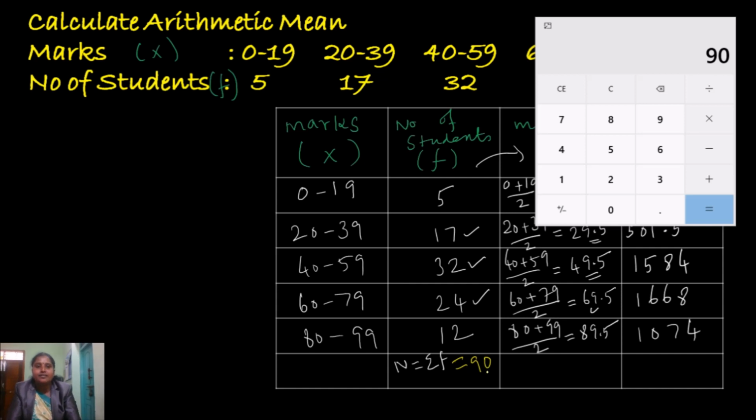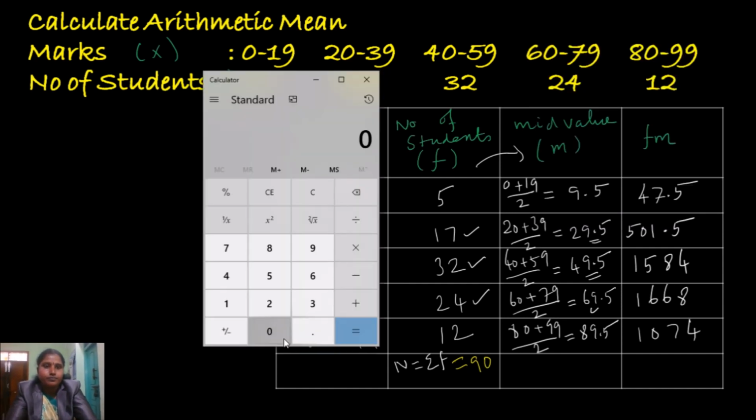Like that we add all the values of fm. 47.5 plus 501.5 plus 1584 plus 1668 plus 1074. We get the total as 4875.